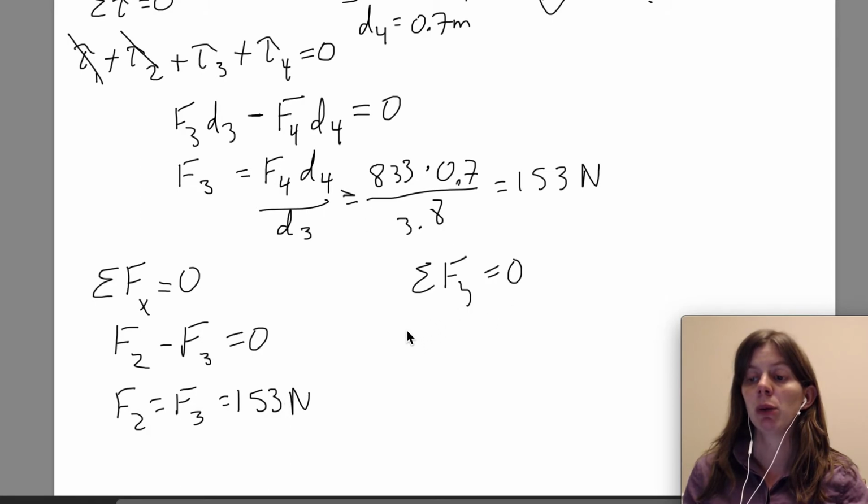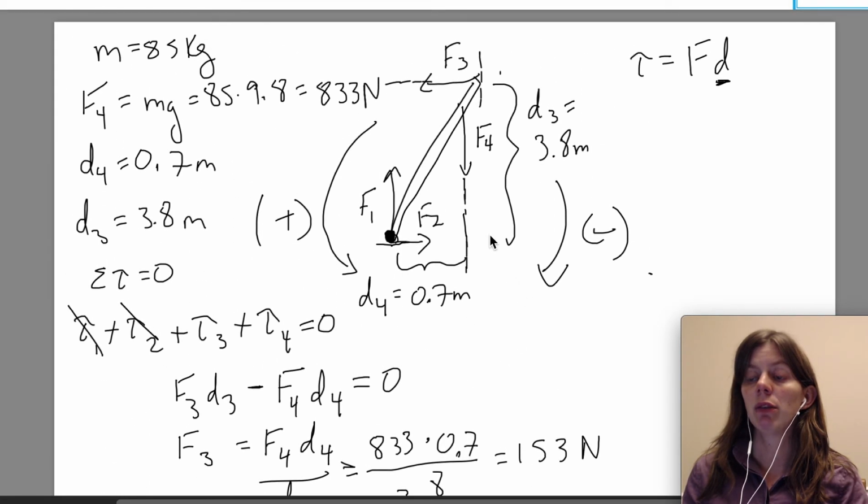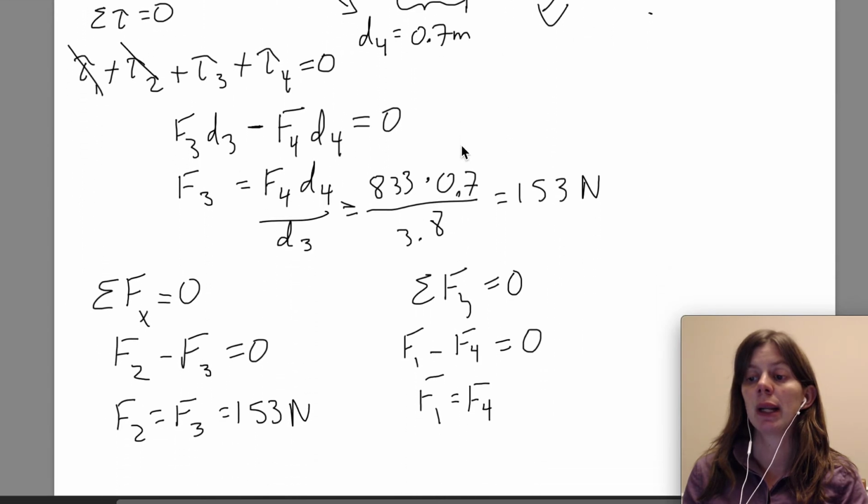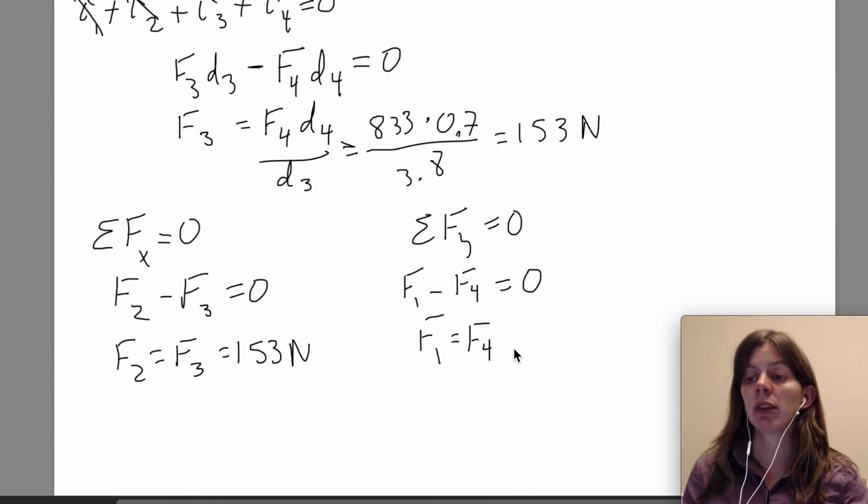But if we are complete, we have F1 going up is positive and F4 going down is negative. So we sum them up equal to 0. That shows us that F1 equals F4. F4 was the weight of the person here, was 833 newtons going down. That means that we must have 833 newtons going up as well. So just like that, we have found our 3 unknown forces.